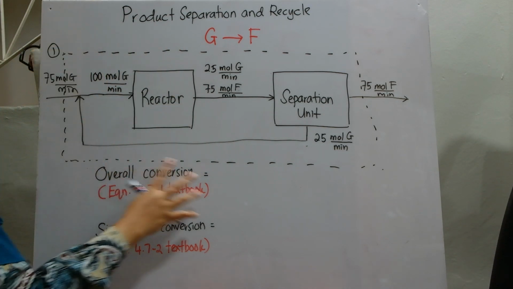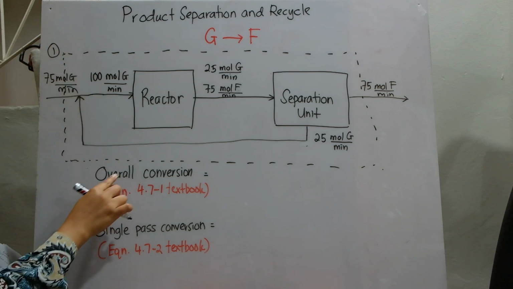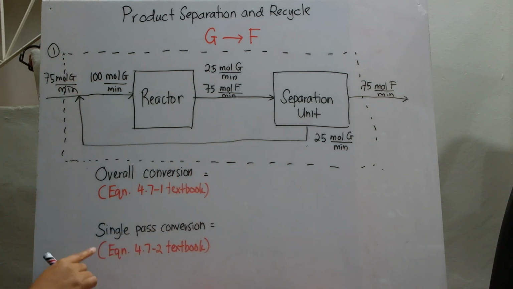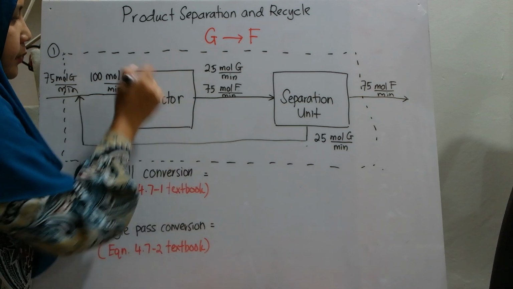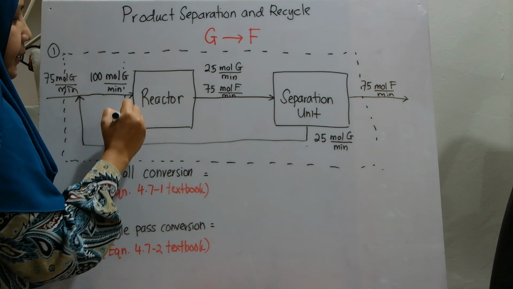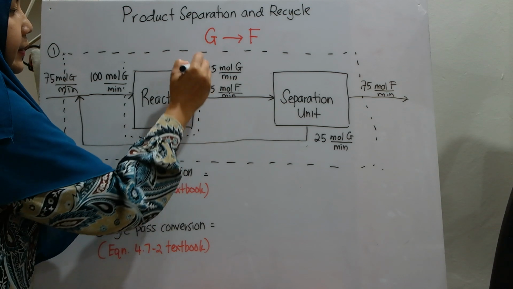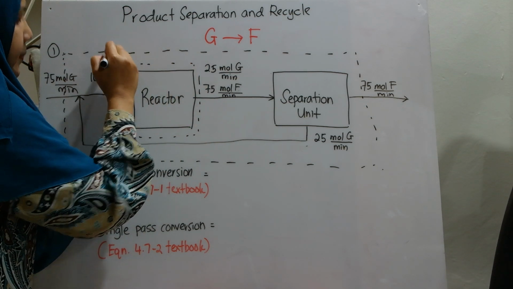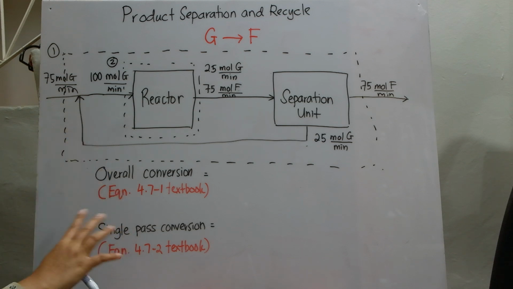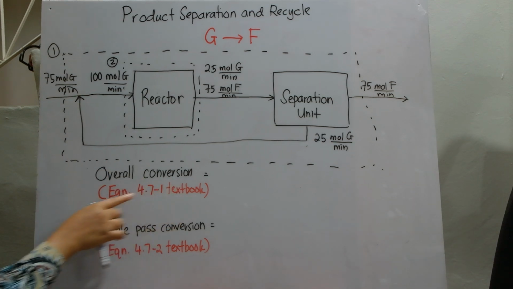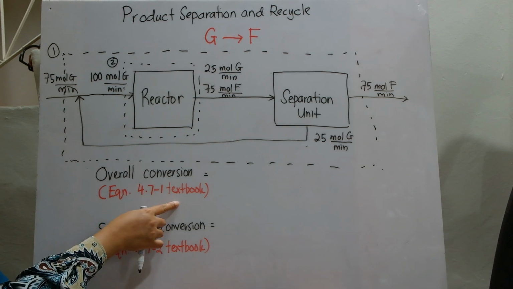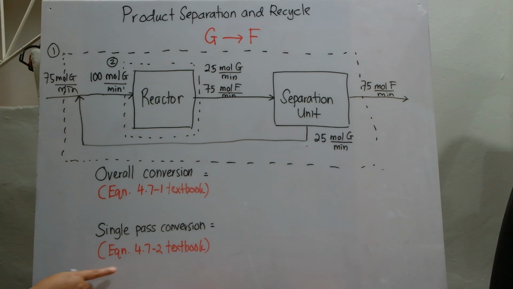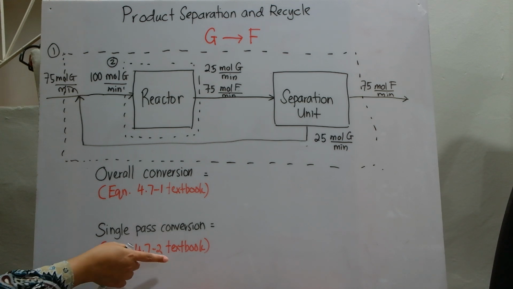But single pass conversion is the conversion of your reactant only at the reactor, so its boundary is the second boundary here. For the full definitions, please look at equation 4.7-1 for overall conversion and equation 4.7-2 for single pass conversion in your textbook.